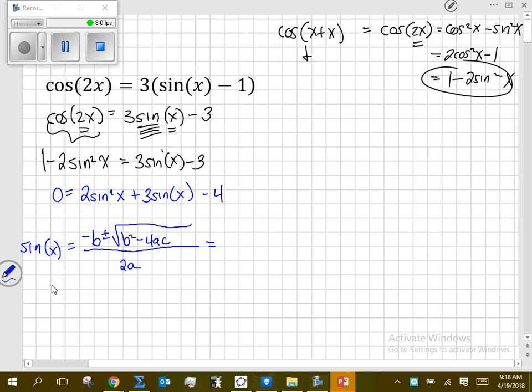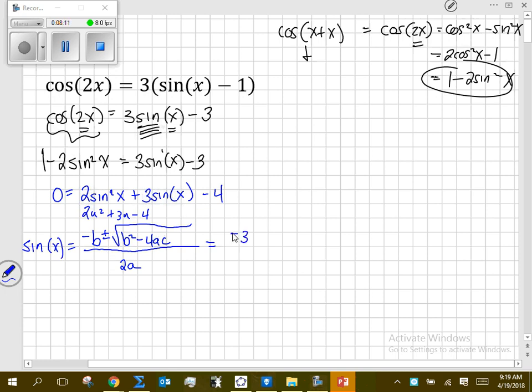And if you're a person that uses the u substitution, maybe you got like 2u squared plus 3u minus 4 here, which is an approach that we've talked about. This would be u then, correct? But we probably said at some point that u was sine of x. Now plugging in those components, it's just the coefficients now.